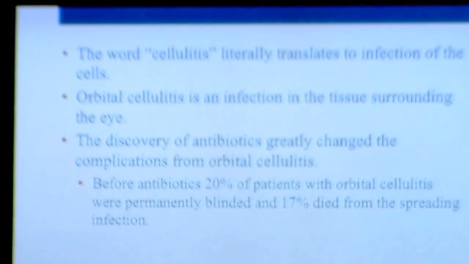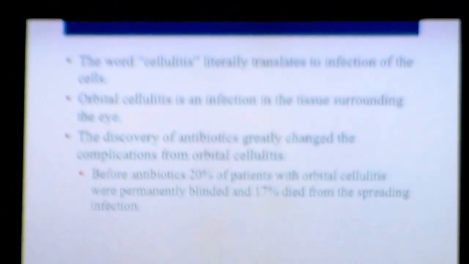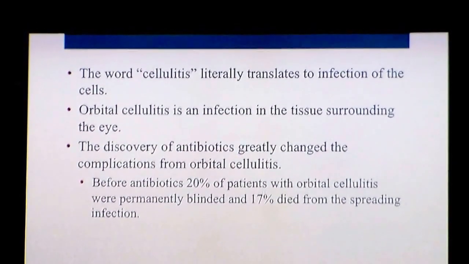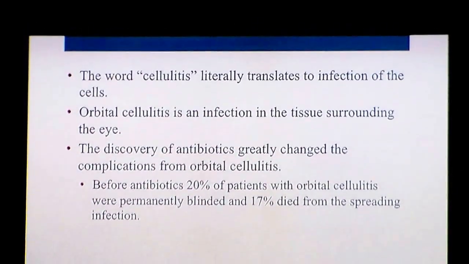The word cellulitis literally translates to infection of the cells. Orbital cellulitis is an infection in the tissue surrounding the eye. The discovery of antibiotics greatly changed the complications from orbital cellulitis.